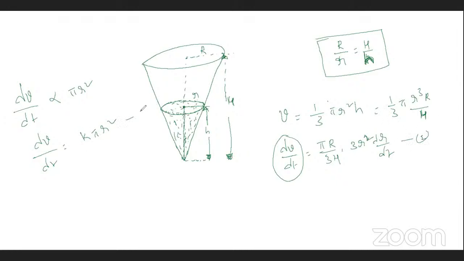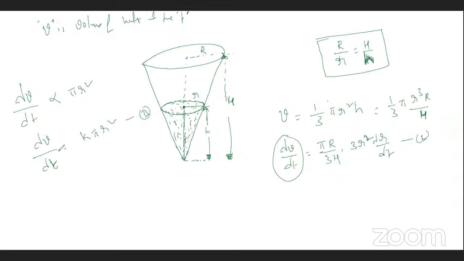This is one equation, this is the second equation. Moreover, one thing we should observe is whether volume is a decreasing or increasing function. V is the volume of water at time t. Is it a decreasing function or an increasing function? Decreasing. So dV by dt is negative.